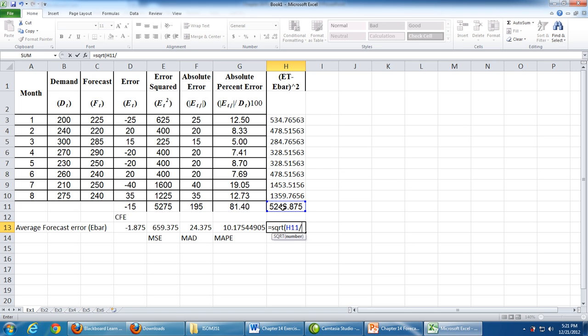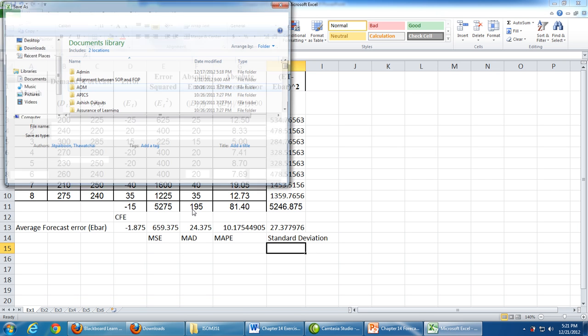Okay, n minus 1 is 8 minus 1, which is 7. Okay, we will find out that the standard deviation is 27.38. Okay, don't forget to save it.